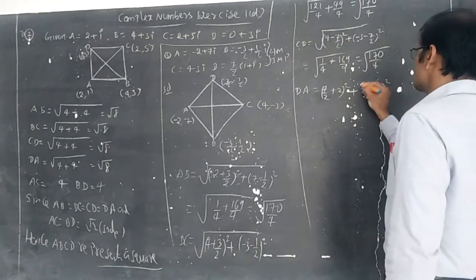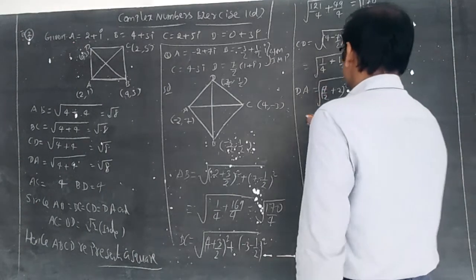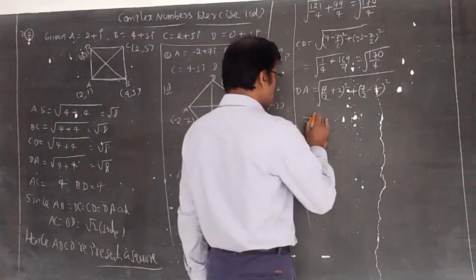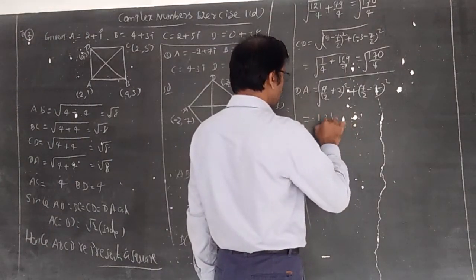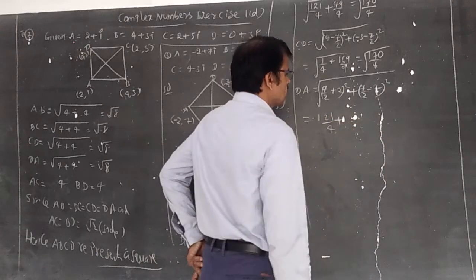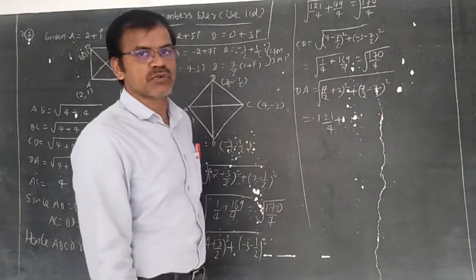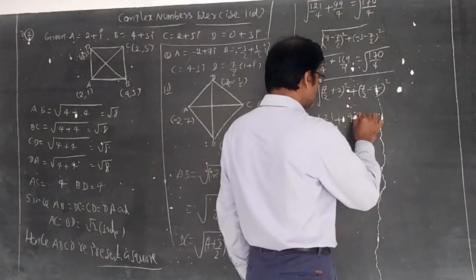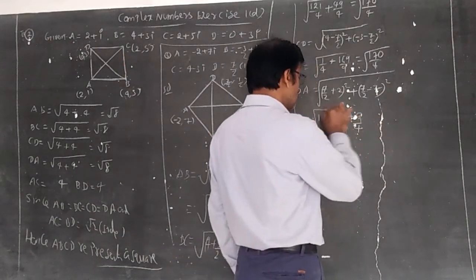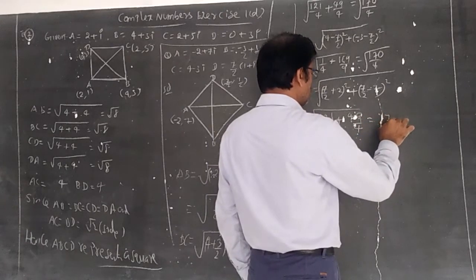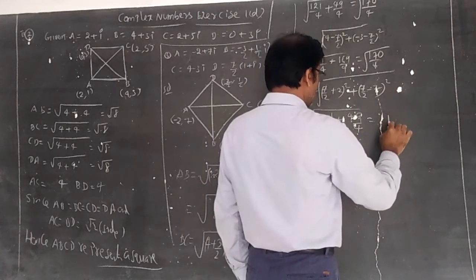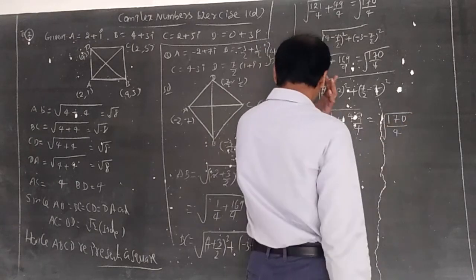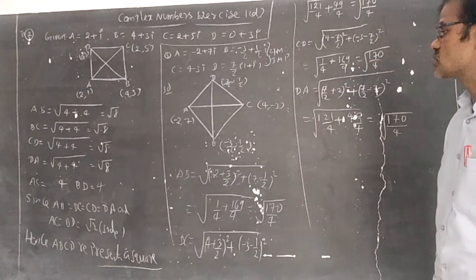Take an LCM: 4 plus 7 is 11. 11 by 2 whole square is 121 by 4, plus (7 by 2 minus 7), so 7 minus 14, minus 7 by 2 whole square is 49 by 4. This is also root of 170 by 4, since 121 plus 49 becomes 170 by 4. We got that all sides are equal.